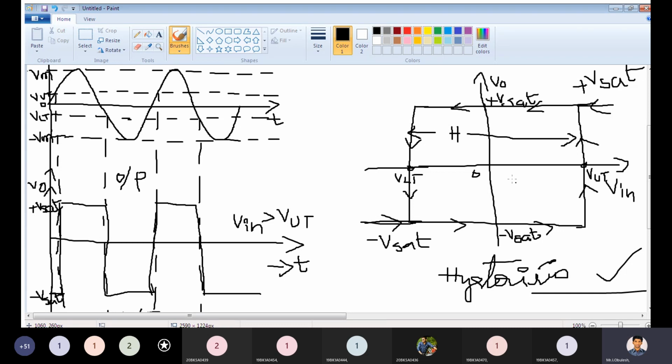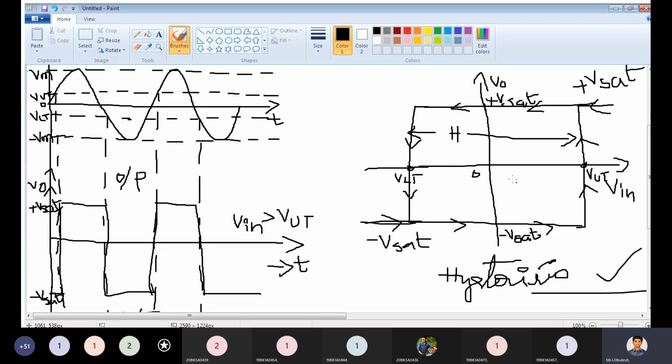Once the applications are over, we will start the multivibrators using op-amp. Once the multivibrators are completed, then almost the second unit is completed.